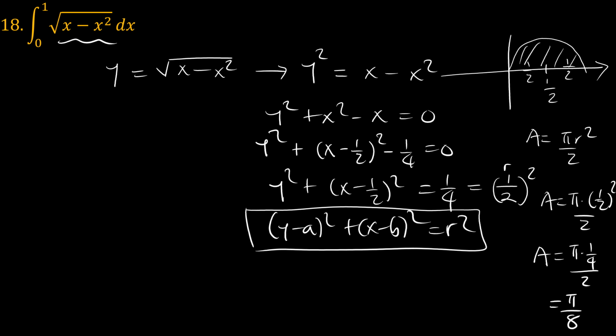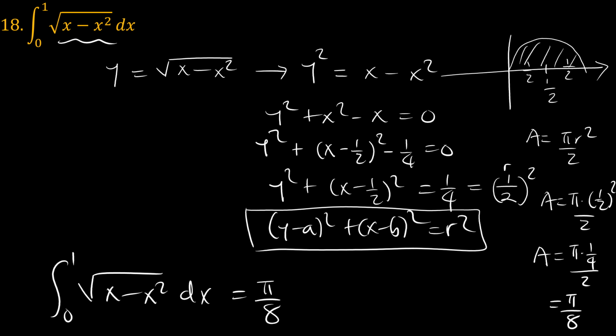And so integrating this guy here, in other words 0 to 1 of the square root of x minus x squared, is equal to pi over 8. That would have been simpler, rather than struggling with trigonometrical substitutions. Anyway, there's always something better. So on to problem number 19.